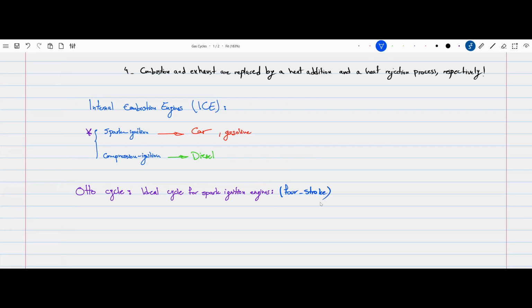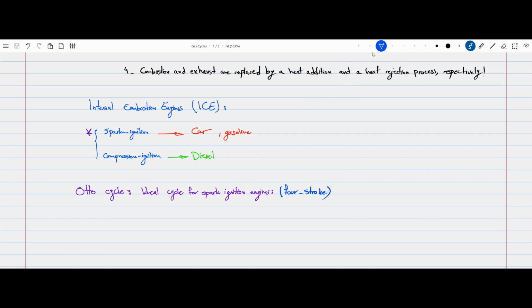The principles are the same, so probably you can do an analysis if you really want to on your own. But because the two-stroke engines are of limited use, we are going to analyze the four-stroke ones, which are the most common form of spark ignition engines.